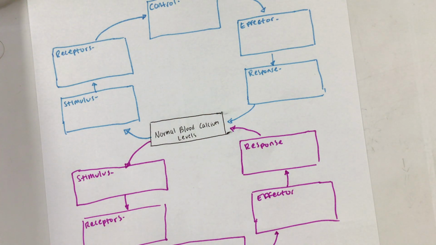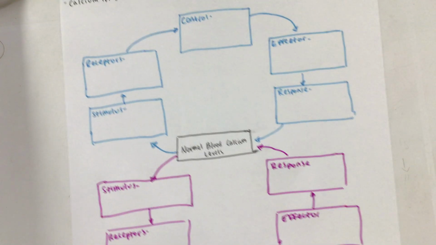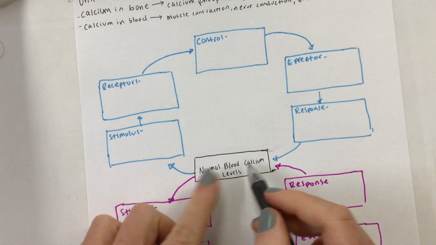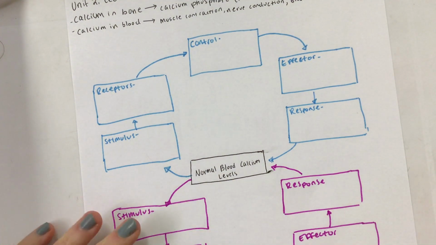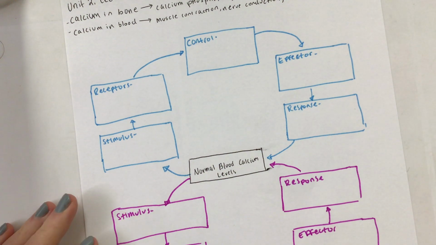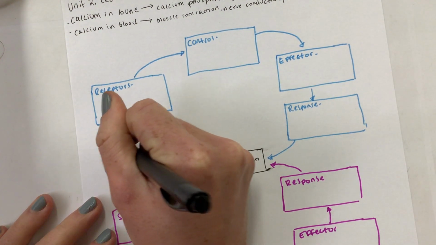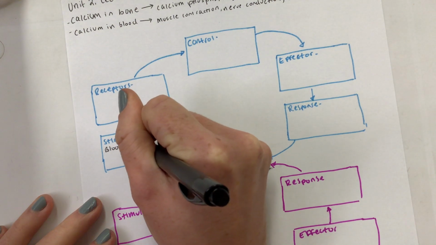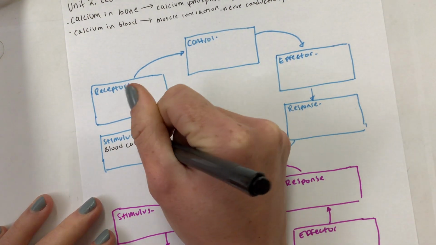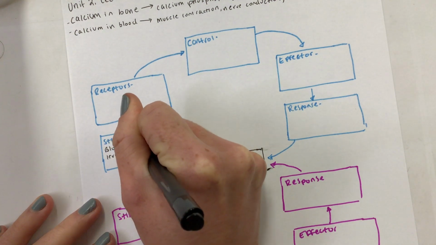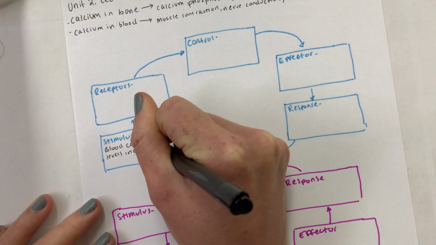So I'm going to use a pen, and I'm going to start moving upward into our blue boxes with the stimulus. So here, from normal blood calcium levels, what happens is we'll end up with too much calcium in our blood. So I'm going to write that blood calcium levels increase. They're high.